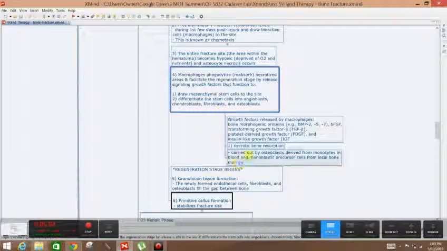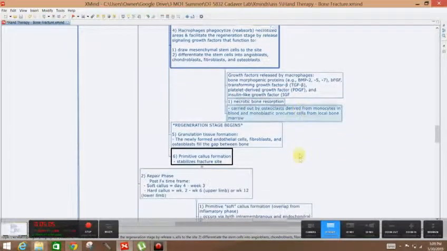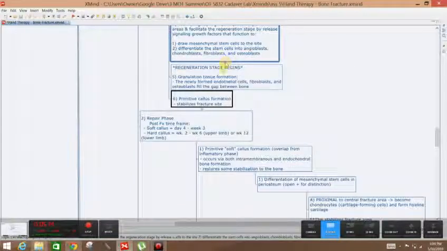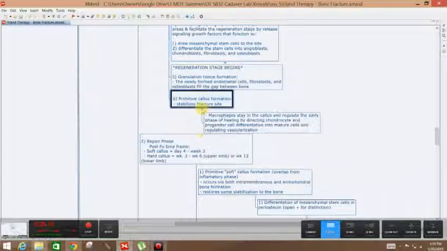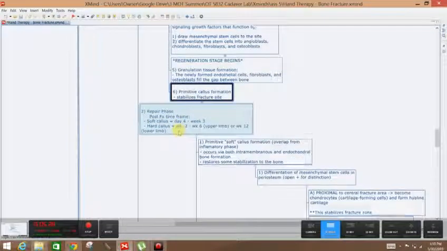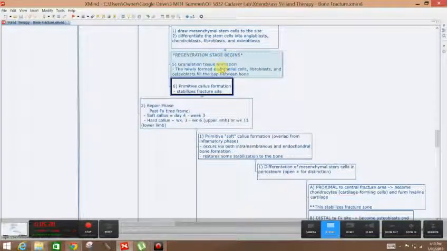Those start to carry out the regeneration phase after the macrophages have destroyed the already dead area. And then granulation tissue formation occurs from that. And then a primitive soft callus forms, which stabilizes the fracture somewhat. Then the repair phase begins basically with the granulation tissue formation, so there's that overlap.